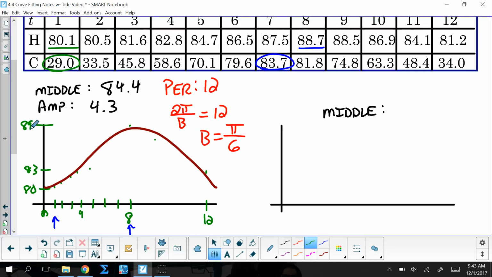Do we agree with 56.35? Okay. Add the high and the low, divided by 2, we get 56.35, which then means my amplitude is what? 27.35?